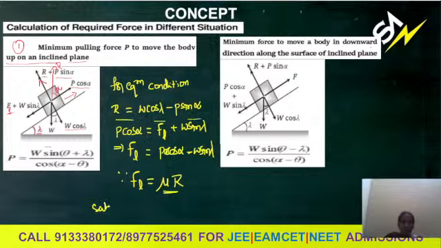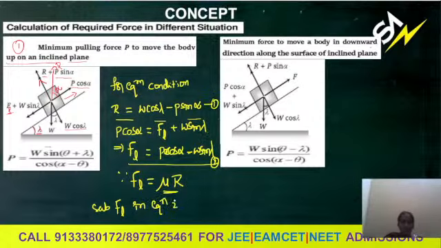So substitute Fl in the above equation. Fl is equal to mu R, meaning mu into the R value. So by substituting Fl in equation 2, this is equation 1.